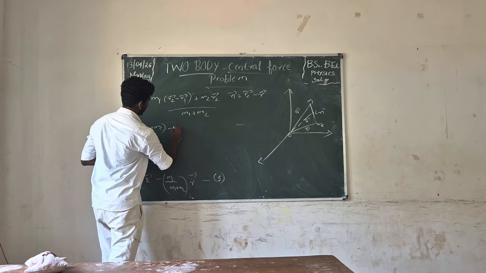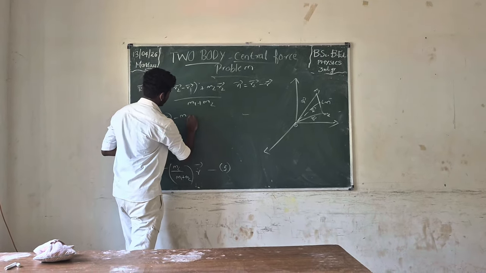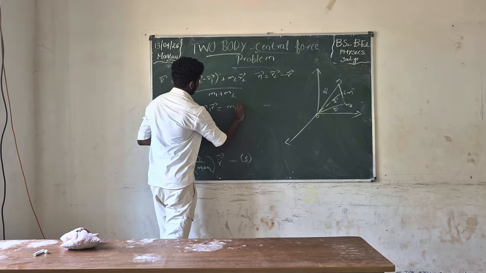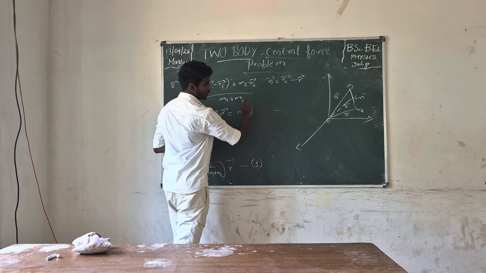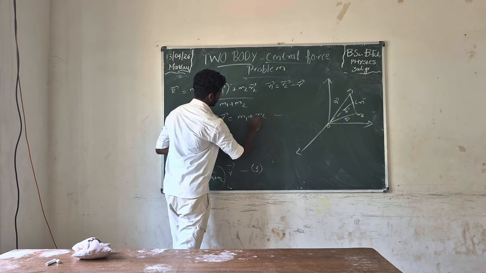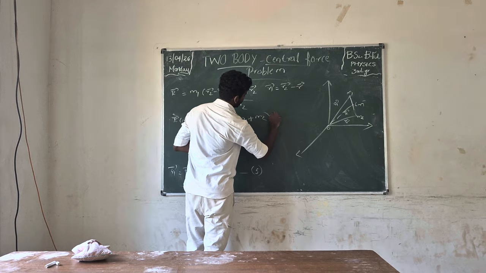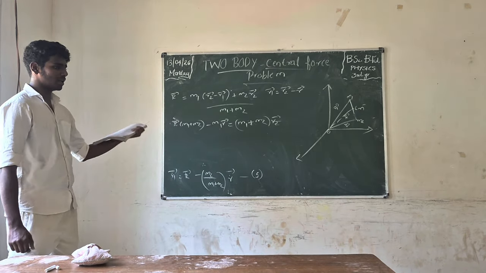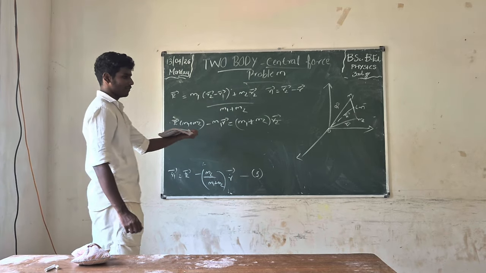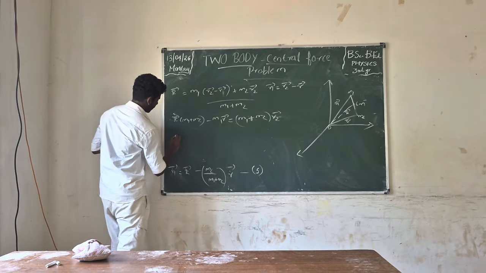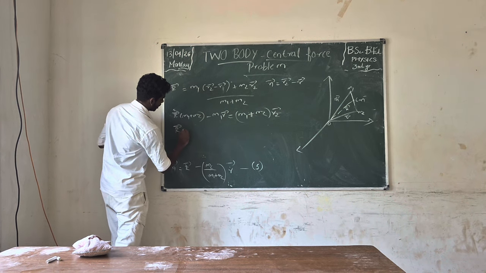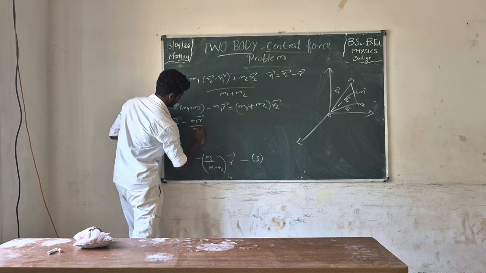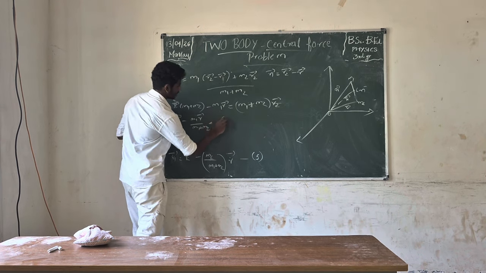So we can write m1 vector r is equal to m1 plus m2 into vector r2, where r2 is common. If I divide both sides similarly by m1 plus m2, we get R is equal to r2 minus m1 r by m1 plus m2.